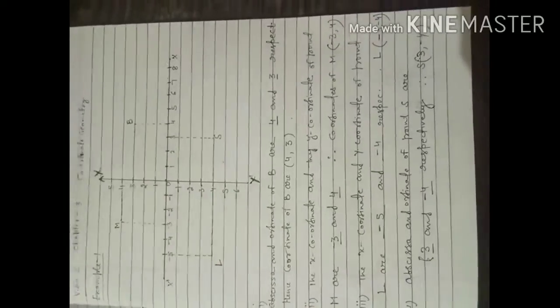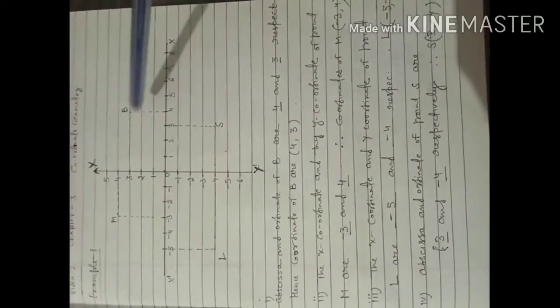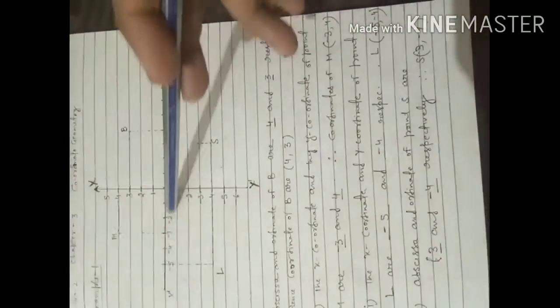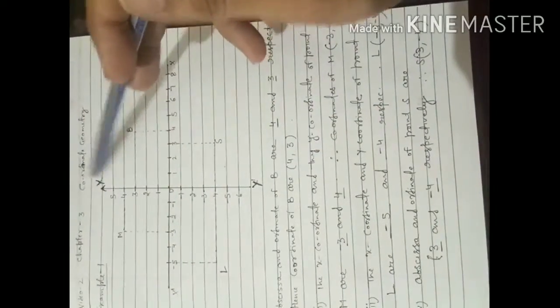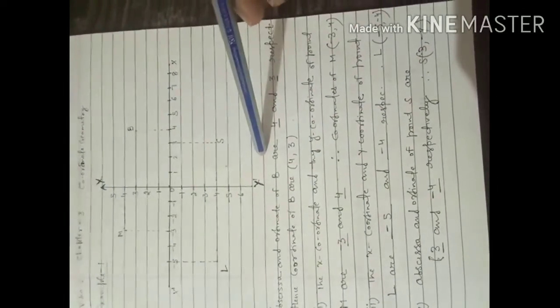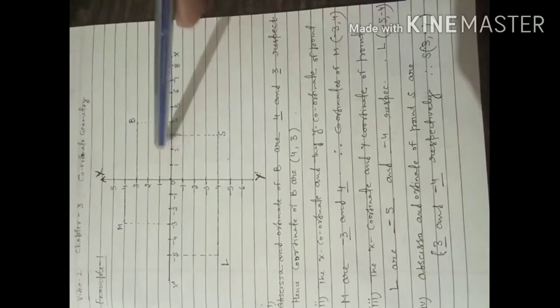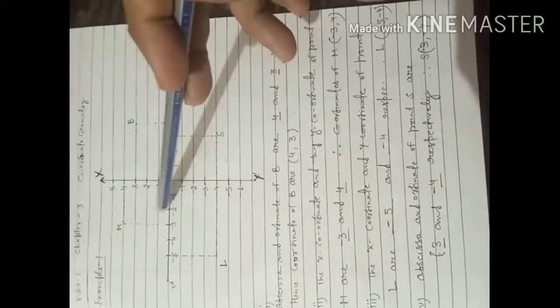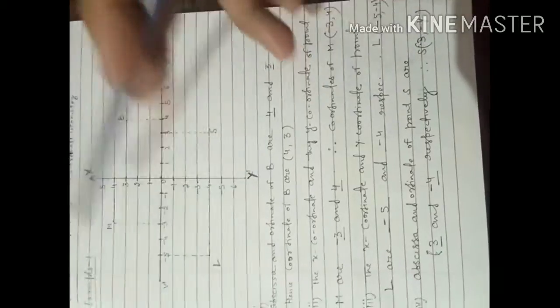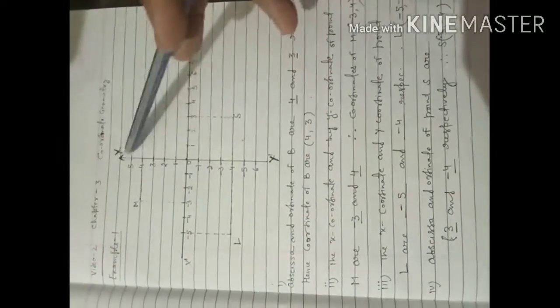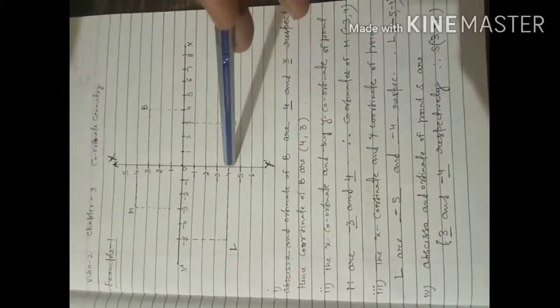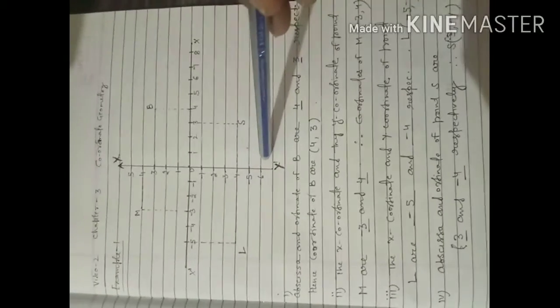So let us move on to our example number 1. See, this figure is given to you in the example. Positive x-axis, negative x-axis, positive y-axis, negative y-axis, 0, 1, 2, 3, 4, 5, 6, 7, 8, minus 1, minus 2, minus 3, minus 4, minus 5, 1, 2, 3, 4, 5, minus 1, minus 2, minus 3, minus 4, minus 5, minus 6.